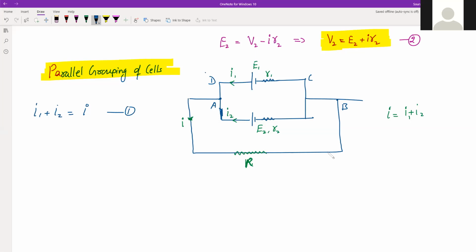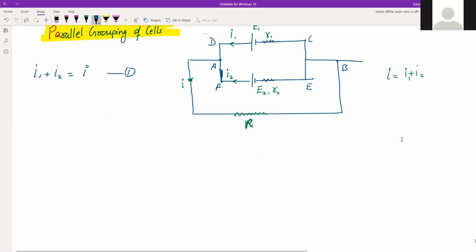And A, B, C, D, A is one loop, and A, B, E, F is another loop. So we have two different loops here, the one with the cell E1 and another with the cell E2, right?